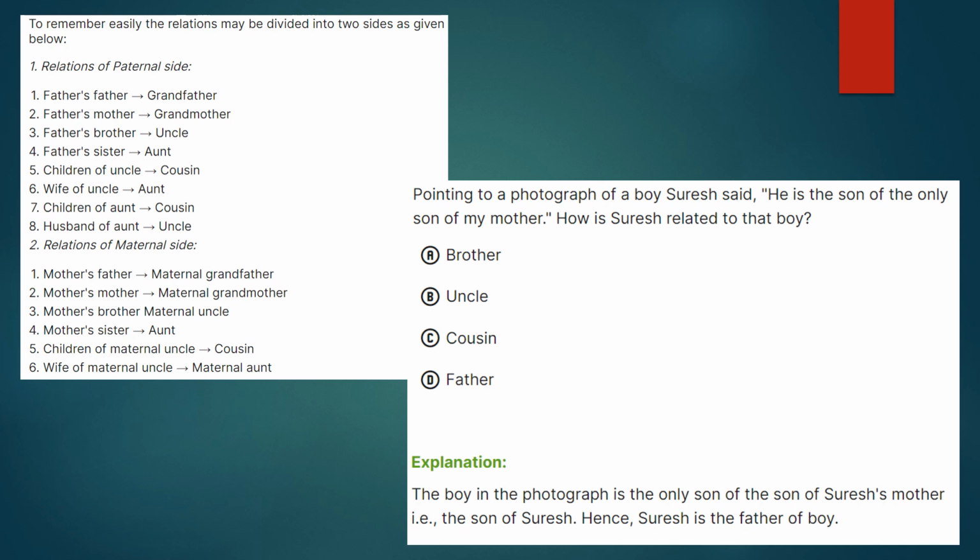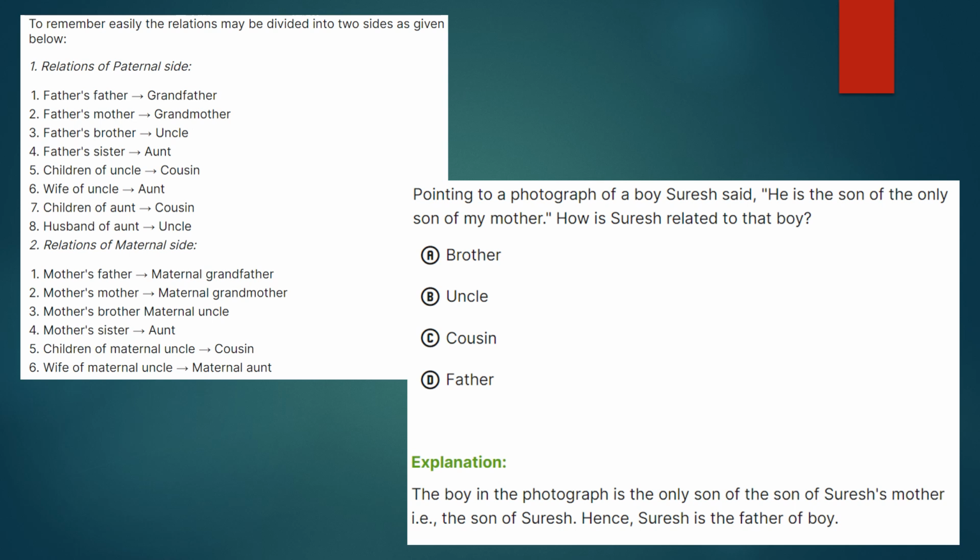Keep yourself in Suresh's position and imagine that you are pointing towards a photograph of a boy and saying, "He is the son of the only son of my mother." So you are pointing at the picture and saying that the person is the son of the only son of my mother.